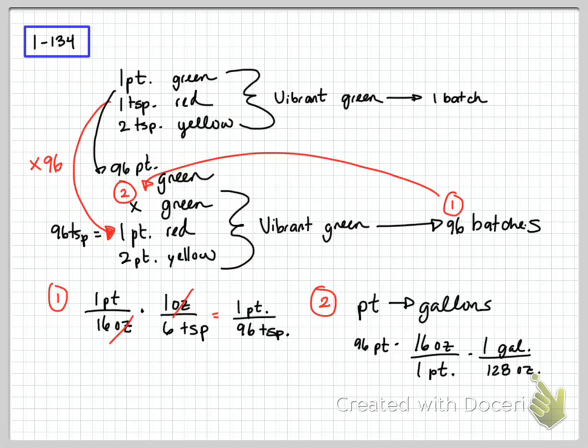Once we do that, we can simplify. 16 and 128 makes 1 and 8. So pints cancel, ounces cancel. So we're left with 96 over 8 gallons, which will equal 12 gallons of green paint.